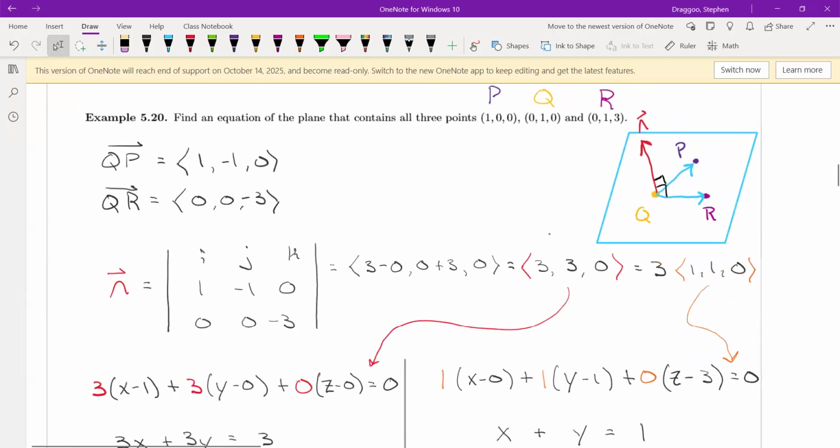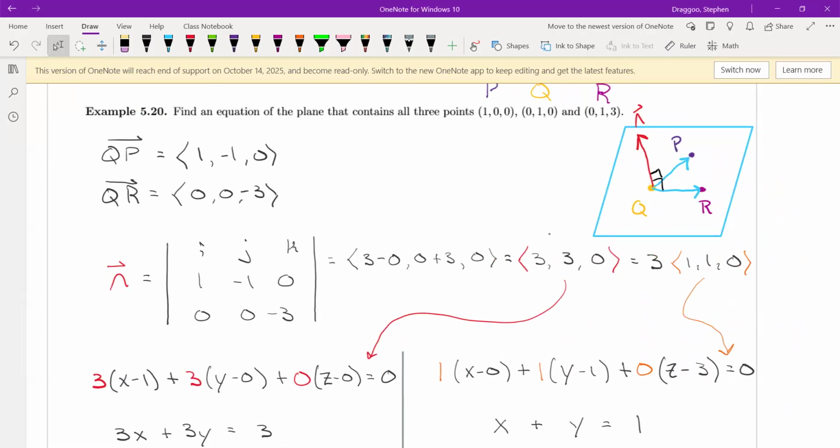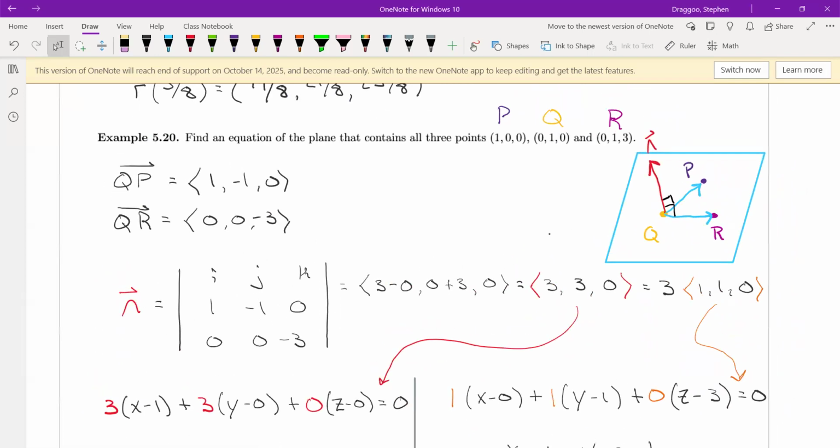And finally, if I'm looking for an equation of a plane from the minimum number of components, I know that 3 points define a plane. Let me just try that once more from the top.